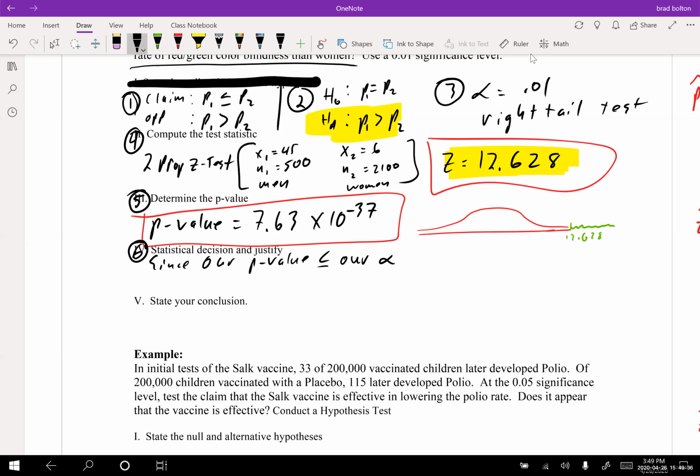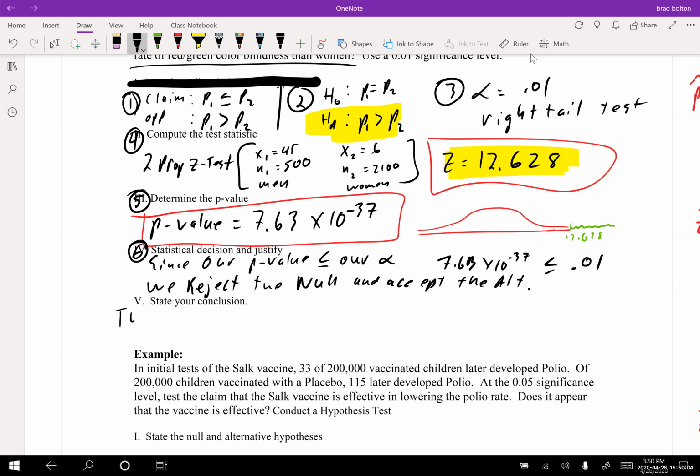So we have 7.63 times 10 to the negative 37 is less than or equal to 0.01. We reject the null and accept the alternate. Okay, so now state your conclusion.